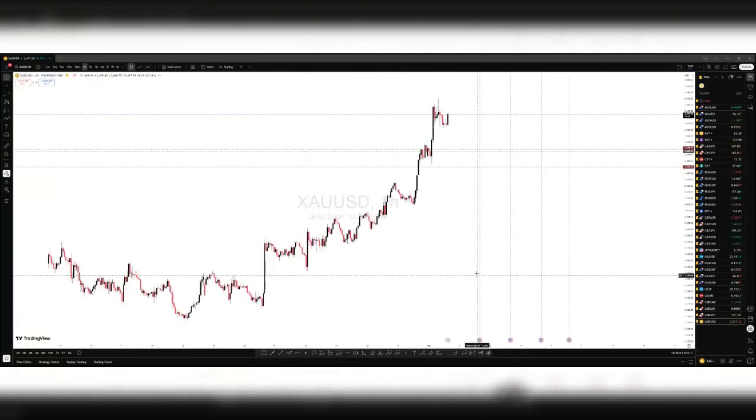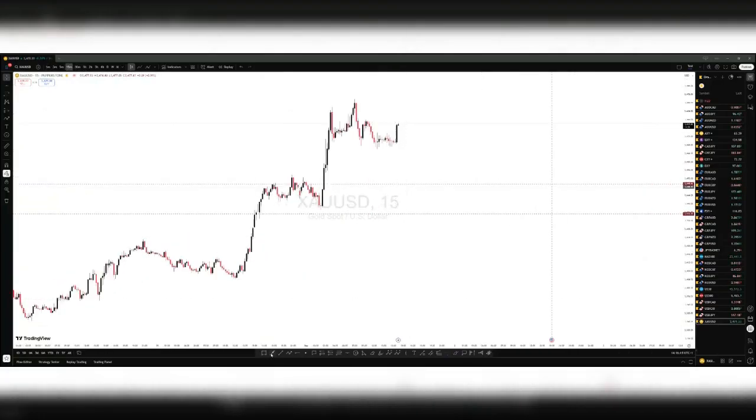Okay, so for gold, I think we have something a bit clearer. We have an SBR confirmation, although of course I didn't check for all of these confirmations on the other ones. But I believe on gold we're seeing something quite formidable.